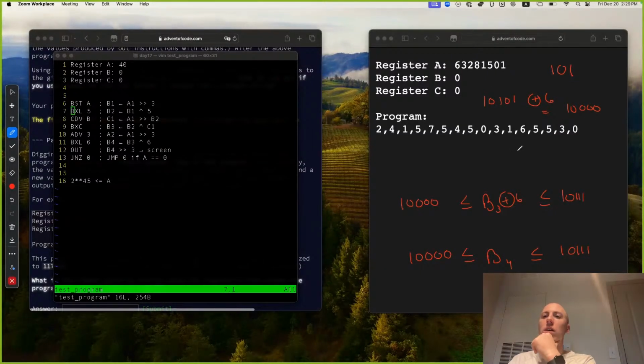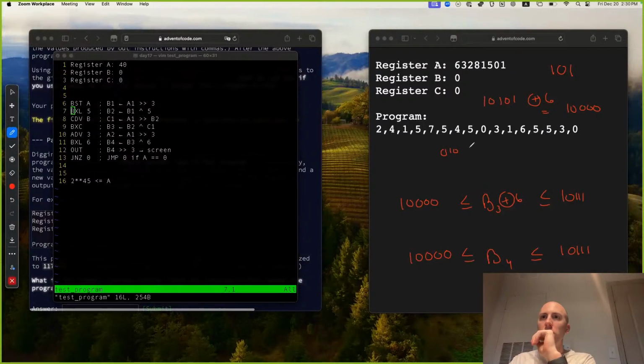And then what number, when you XOR it with 6, are you going to get this? Would it be 010 basically?